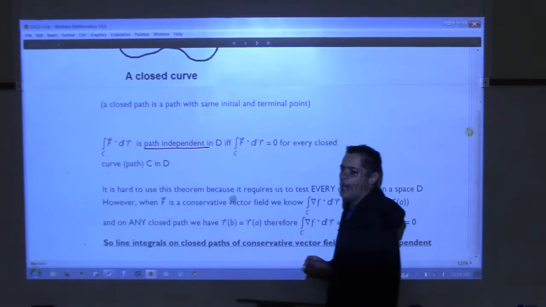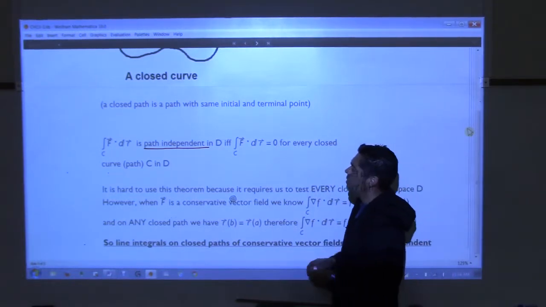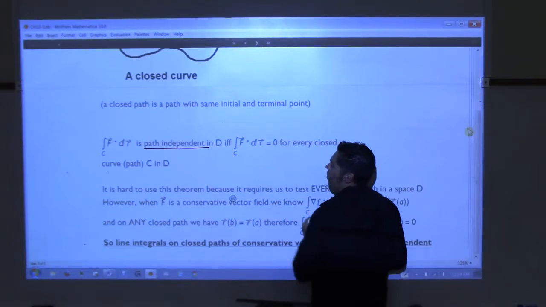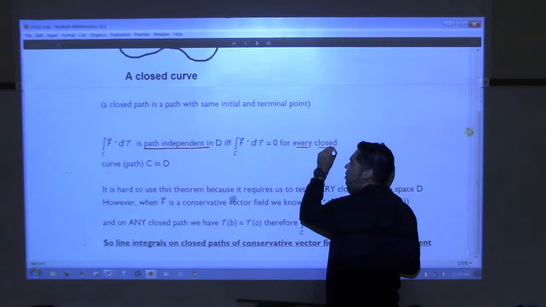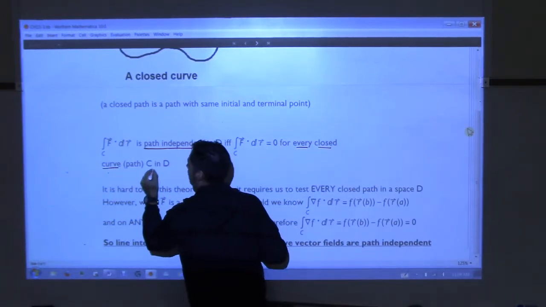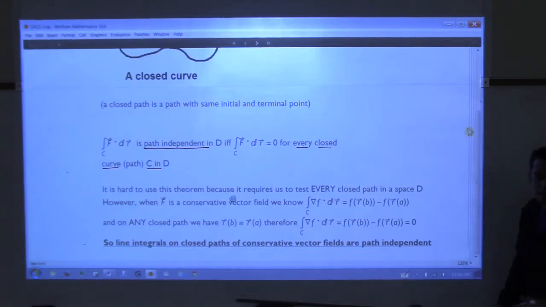To be path independent in some domain D, here's what would have to happen. The line integral, or the work integral, would have to be equal to 0 for every closed curve or path in D. So let me try and explain what's happening here.